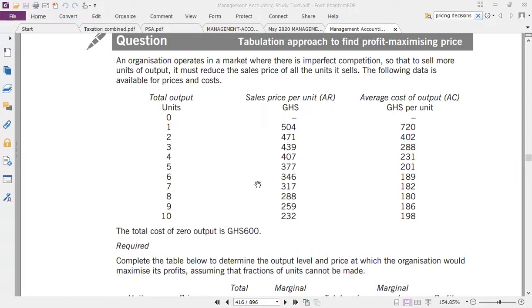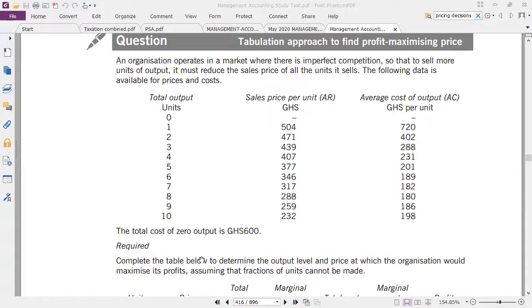Then 189, 189, 182, 180. From there, 186 and then 198. Okay, so that is that.